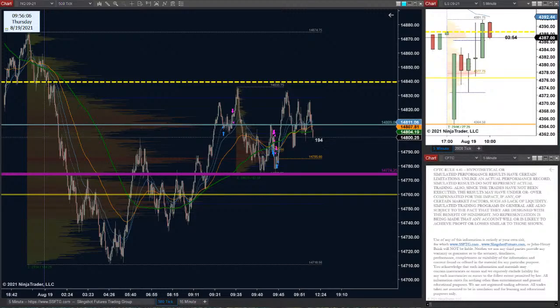This is incredible. Perpetual wedge. Let's see if they can break it this time. Nope. Double top is to the tick.